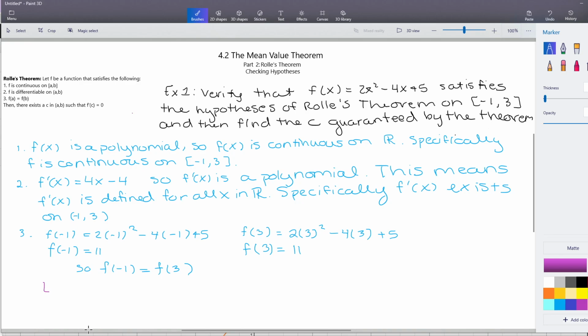So we are looking for C in the open interval -1, 3, so that f prime of C equals 0.